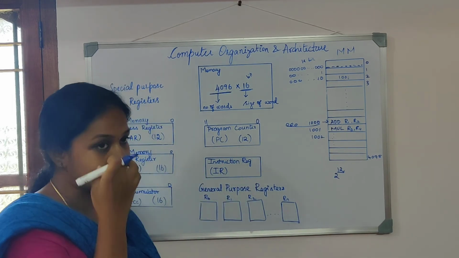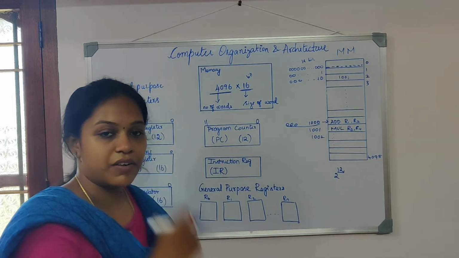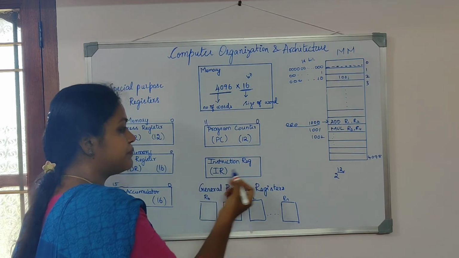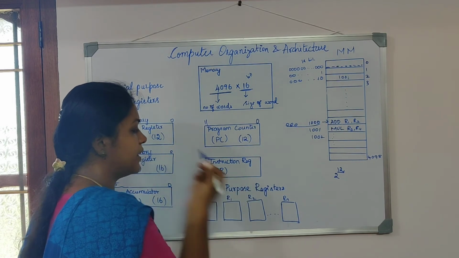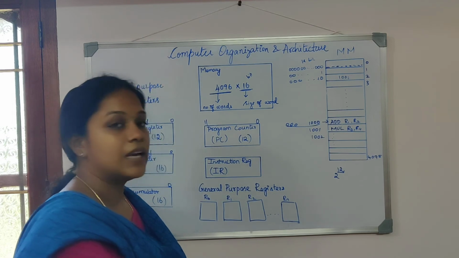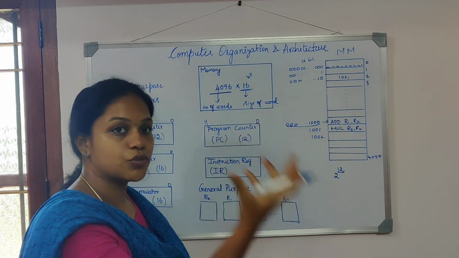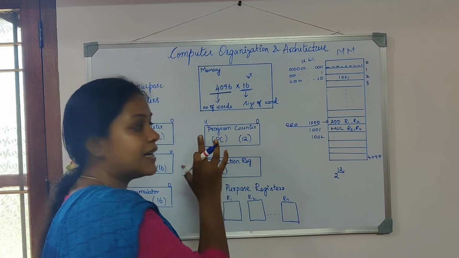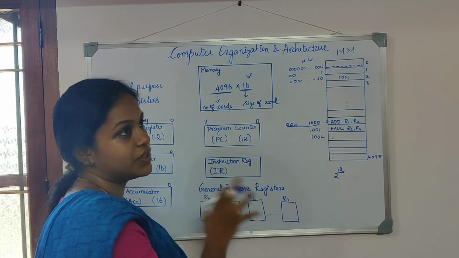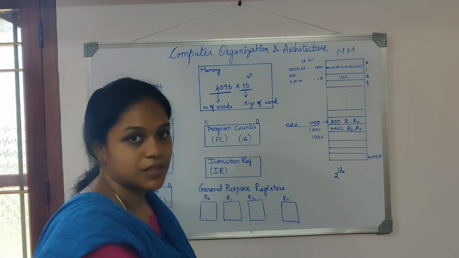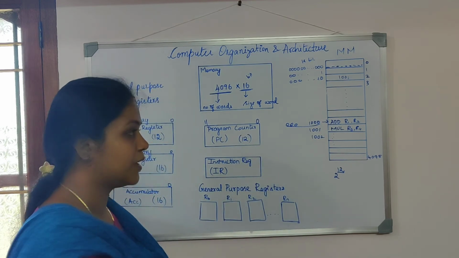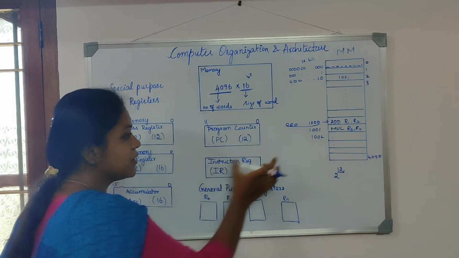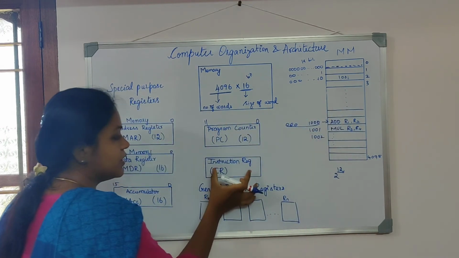As we have seen in the previous lecture, the sole purpose of the instruction register is to temporarily store the instruction brought in from the main memory, and it helps in decoding the instruction, after which further processing takes place.